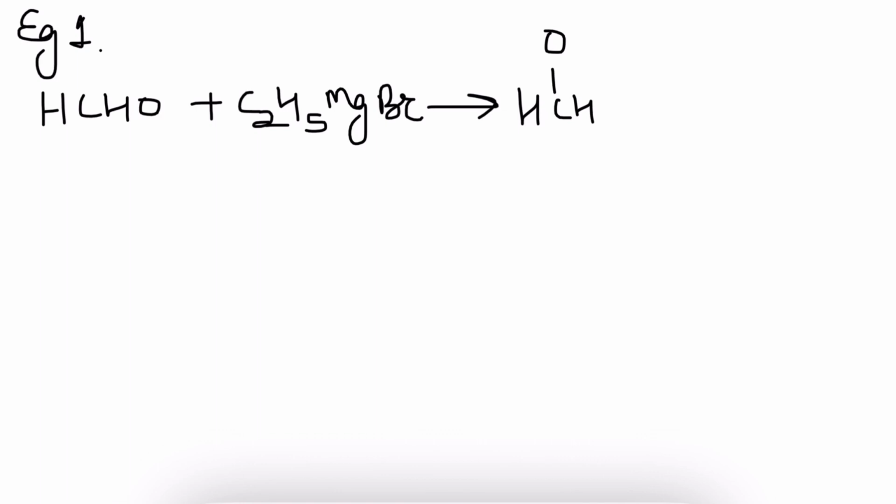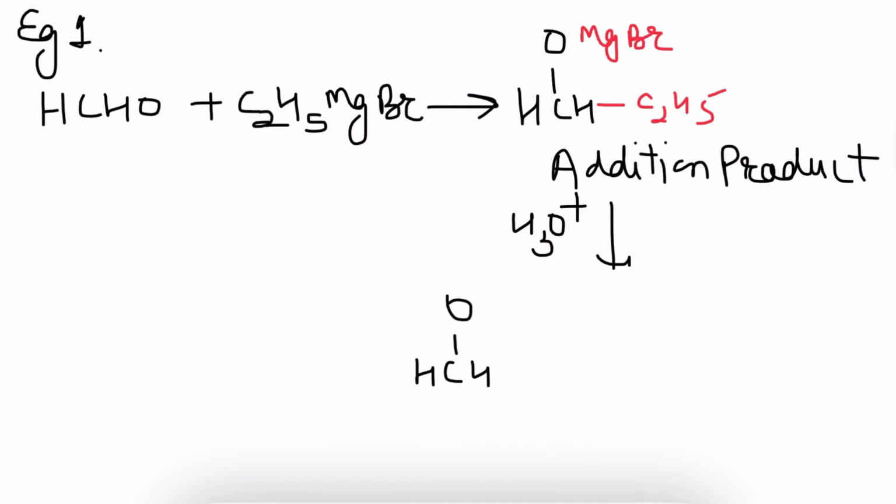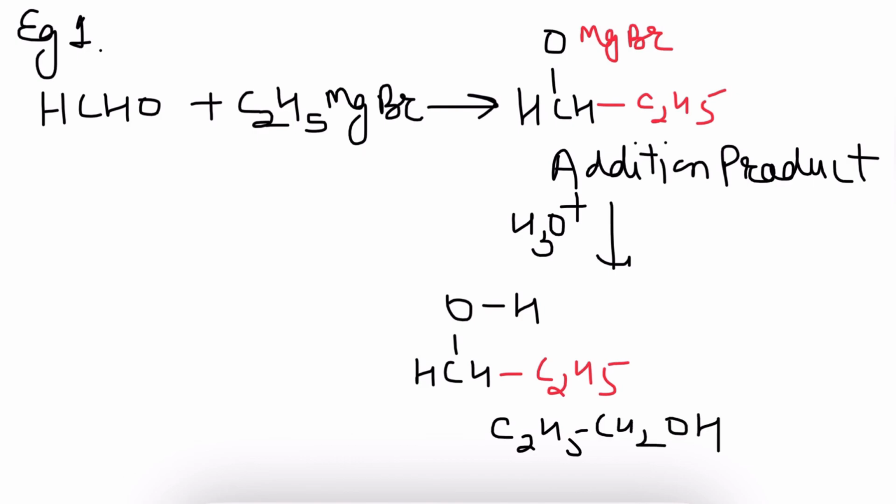Carbonyl oxygen forms a bond with MgBr and carbonyl carbon attaches with the alkyl part of Grignard. Addition product. This addition product on hydrolysis forms alcohol. So C2H5CH2OH, primary alcohol will be formed here.